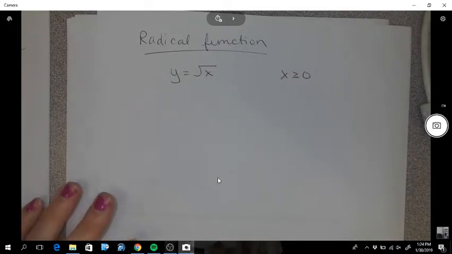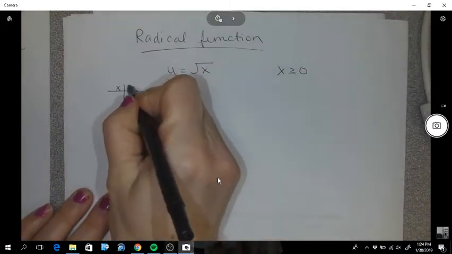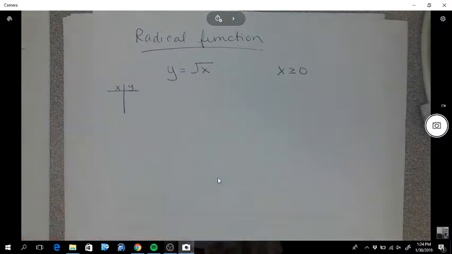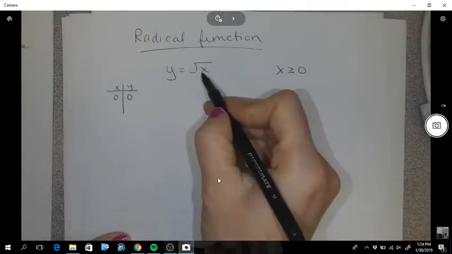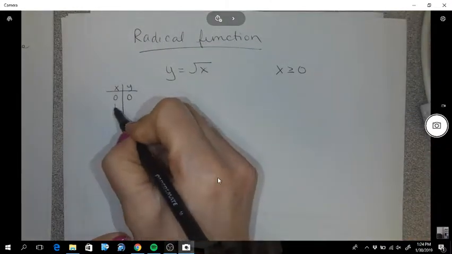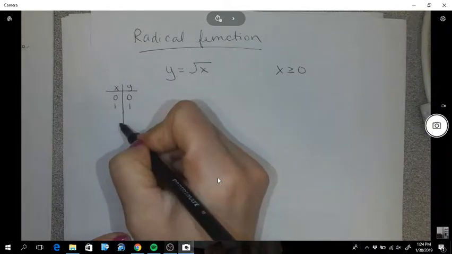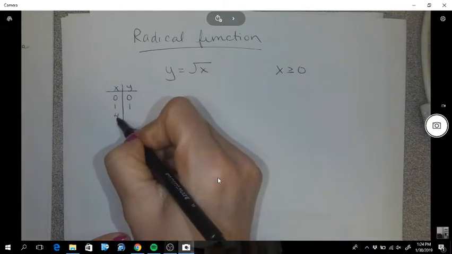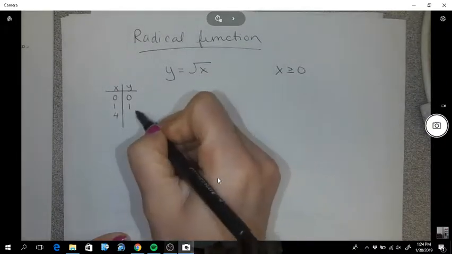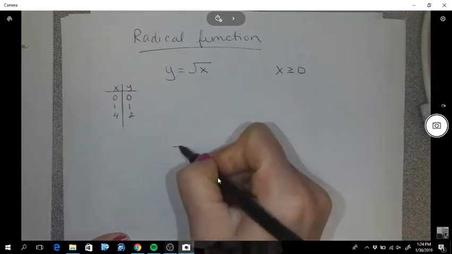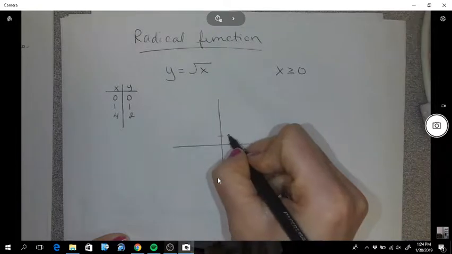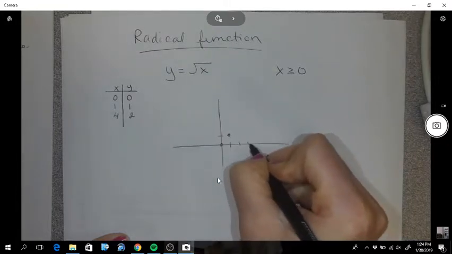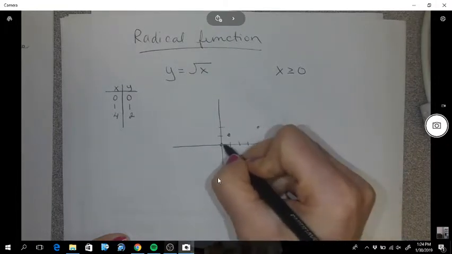Okay, so if we want to graph this, why don't we try to do some x, y coordinates to help us out. So if x is 0, the square root of 0 is 0, right? If x is 1, the square root of 1 is 1. If x is 4, then the square root of 4 is 2. So as we can see, our graph would start to look like this.